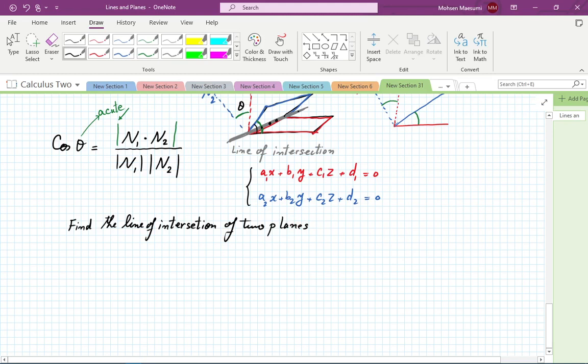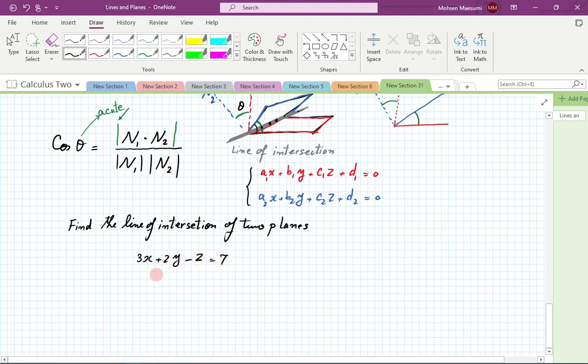Maybe I pick up an example from your text. Here's problem 65: 3x plus 2y minus z is equal to 7.